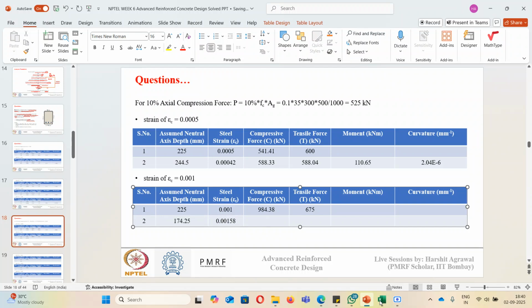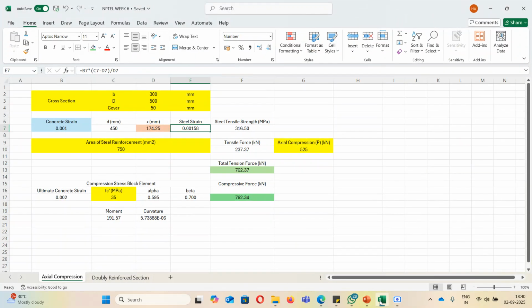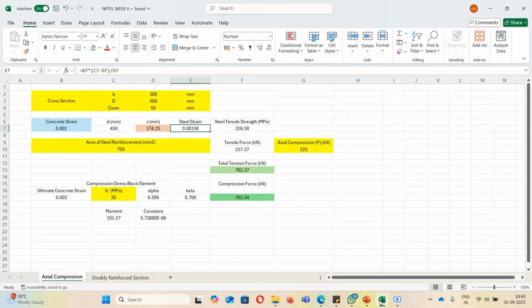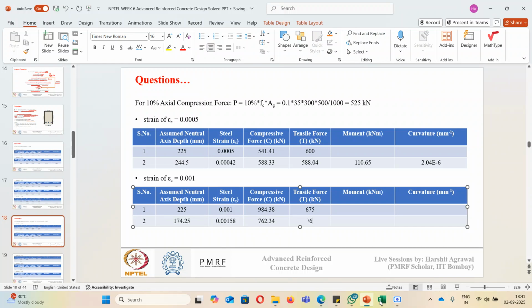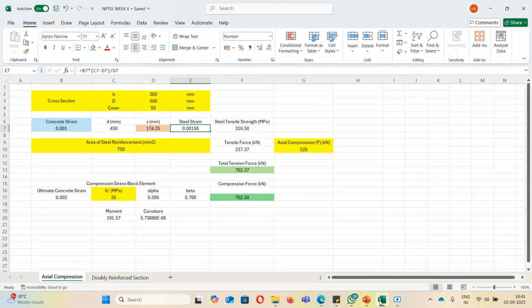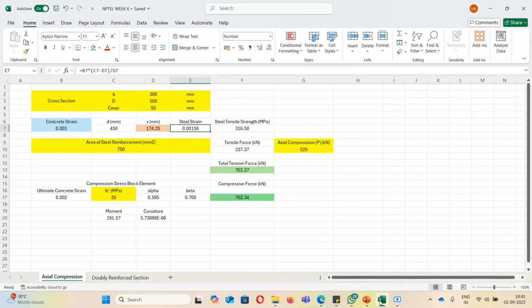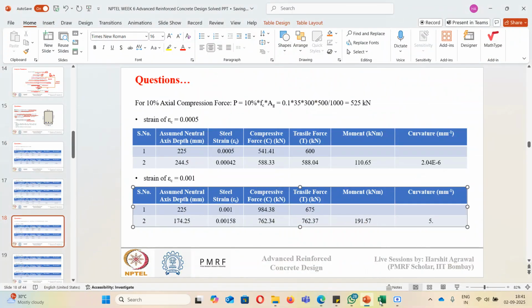Since it is less than the yield strain, this means that concrete is failing. Okay, compression force is 762.34, tension force is 762.37. Okay, moment capacity it is 191.57, and curvature it is 5.74 into 10 to the power minus 6.